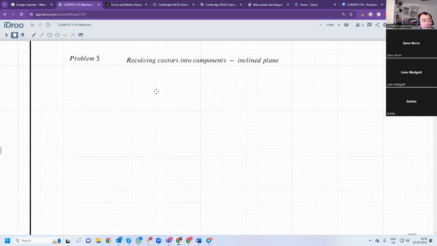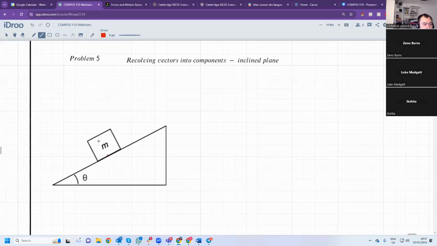So if you are on an inclined plane, so for example, I'll just Google a picture of an inclined plane. Not very exciting.